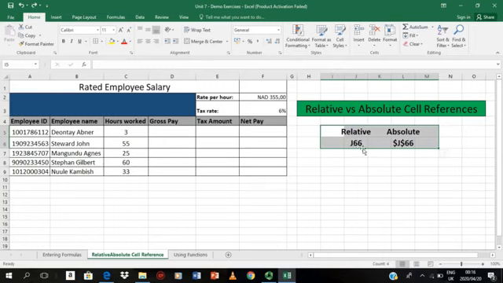A relative cell address will only have the column heading and the row number, whereas an absolute cell address will have the column heading and the row number preceded by a $ sign.